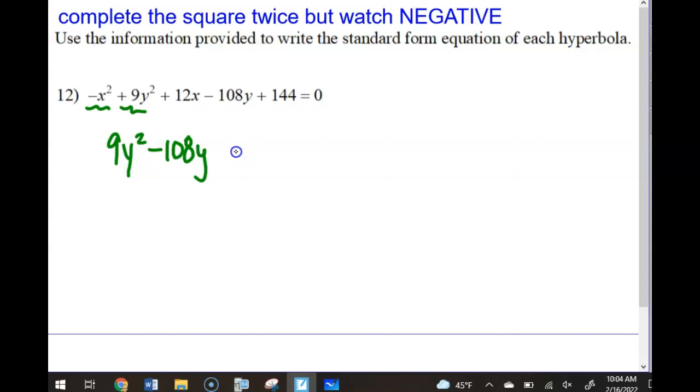And I'm not even going to bother with the blanks yet, but then it's going to say minus x squared plus 12x, because I'm trying to rearrange so the x's and the y's are together. And I'm going to move the constant to the other side, so it's going to be a subtracted 144. Most common mistake, forget to change the sign when you move that bad boy over there, right? It should come out nice, okay?